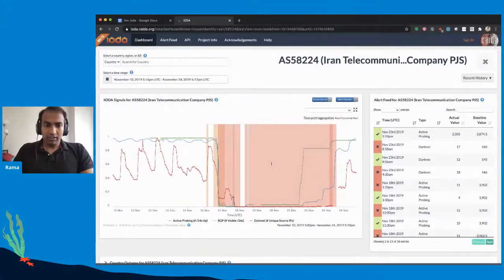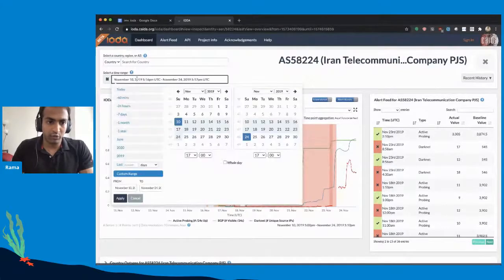Now, let's take a look at another AS, but for the same time period. Actually, let's focus on the start time of this shutdown, because we found some interesting patterns in how ASs were affected by this particular outage. So let's zoom in on just the beginning period of the shutdown, between 16th to 17th of November.